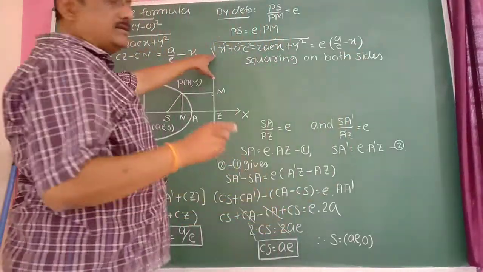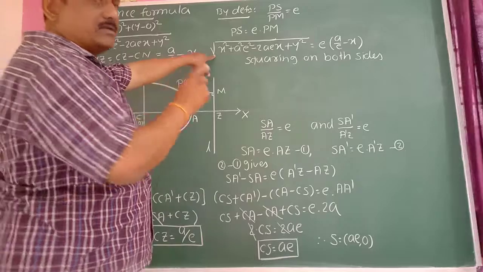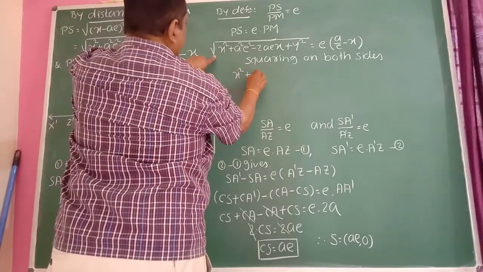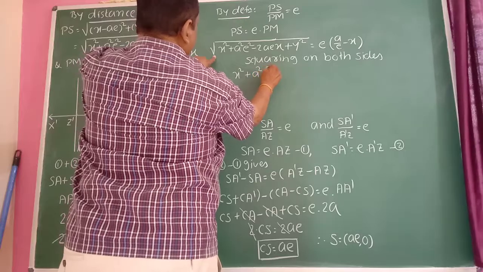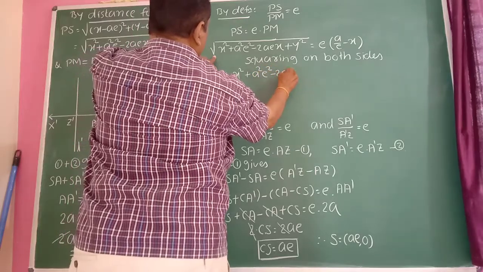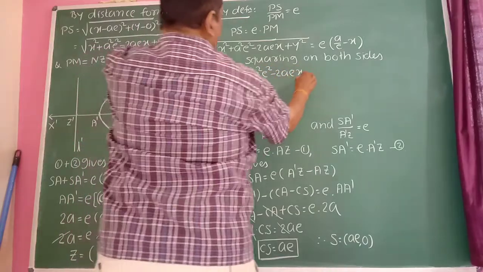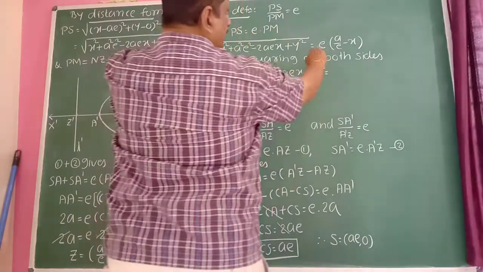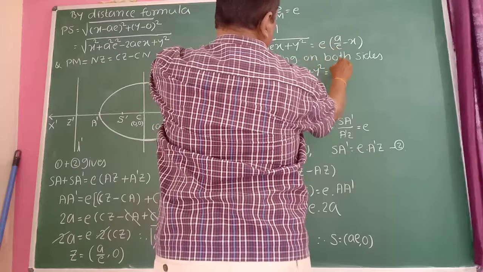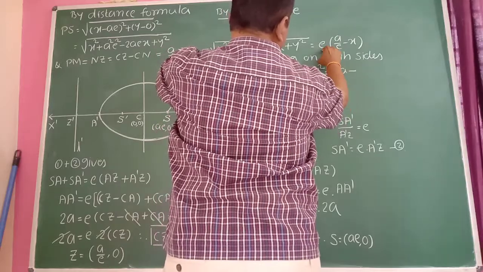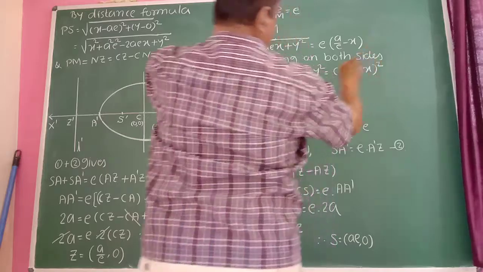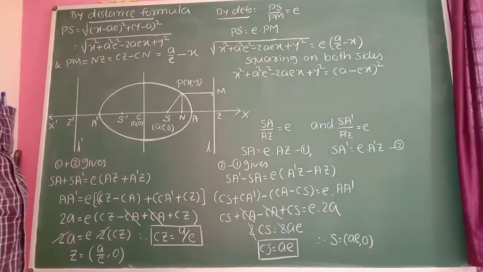On the left hand side, the square root and square cancel. Then remaining is x square plus a square e square minus 2a e x plus y square is equal to, if you take e inside, e and e cancel, remaining is a minus e x, whole square.